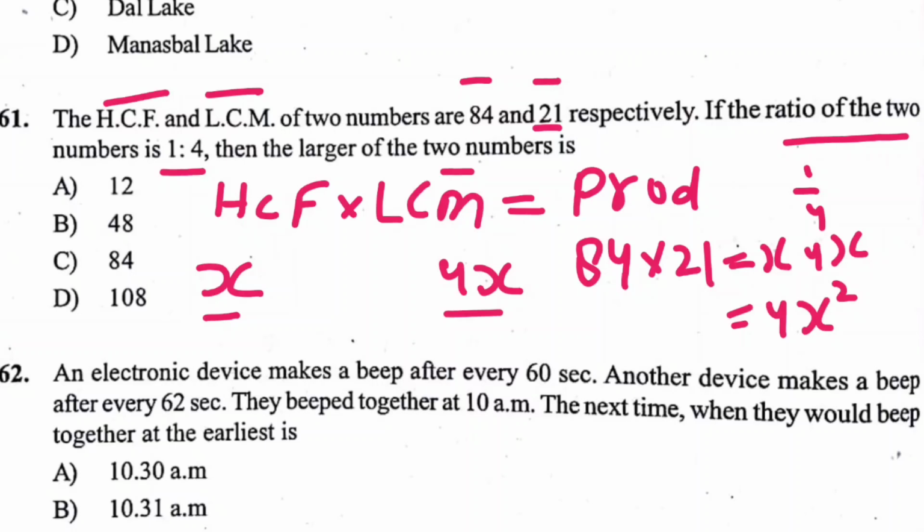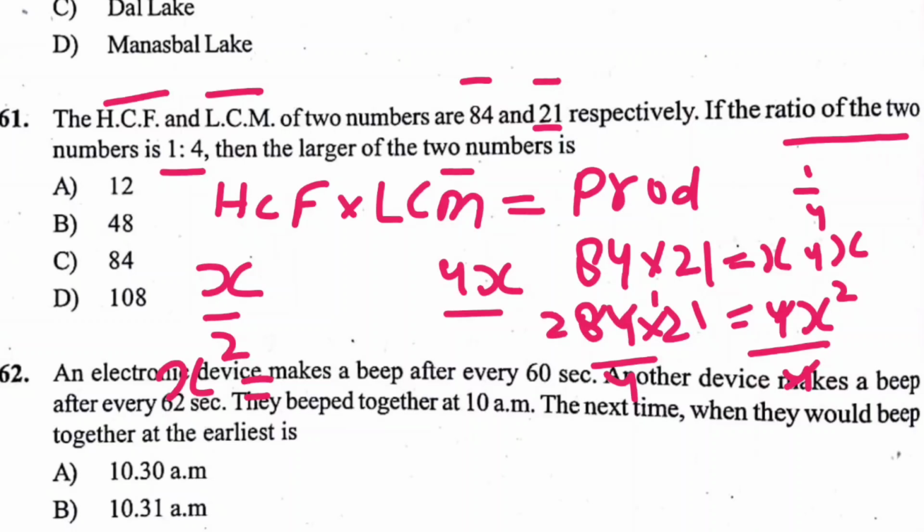That means 84 into 21 is equal to 4x square. Dividing both sides by 4, we get x square is equal to 21 into 21, which is 21 square.